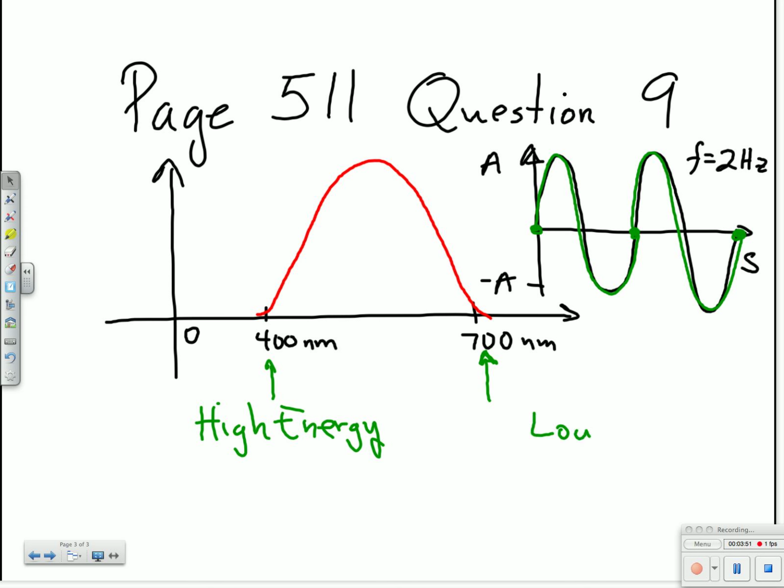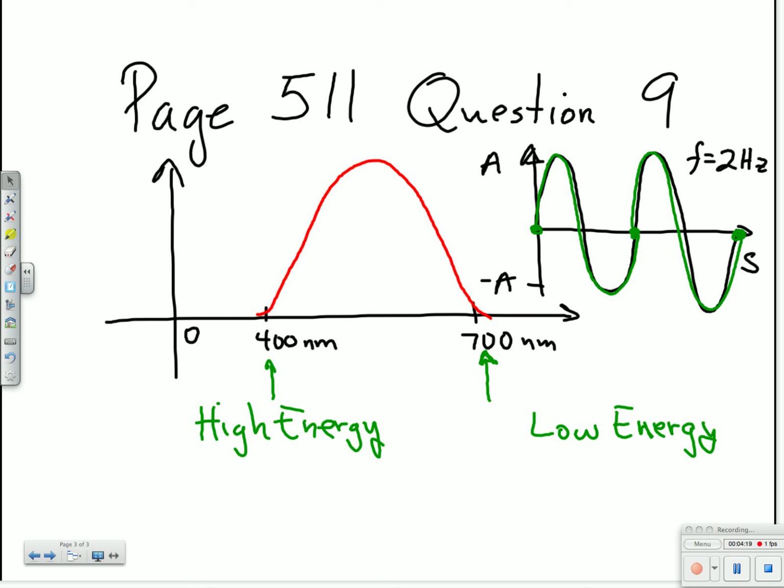And this has low energy. And whichever one has the highest energy, that's the one that's going to have the highest frequency. So 400 nanometers actually has the highest frequency in this particular visible spectrum. 700 nanometers has the lowest frequency.